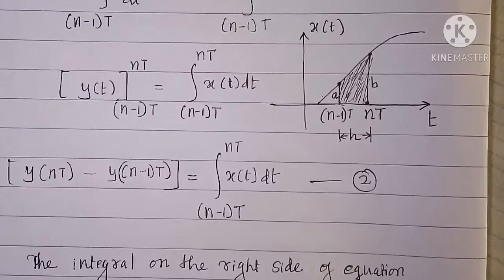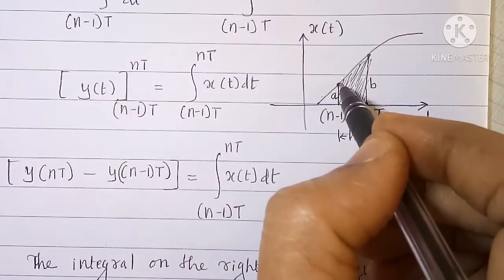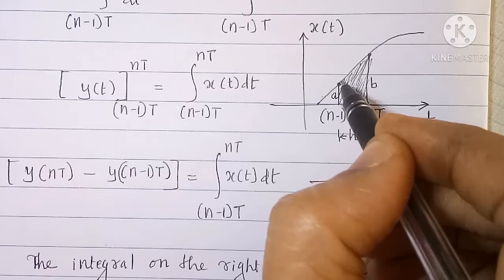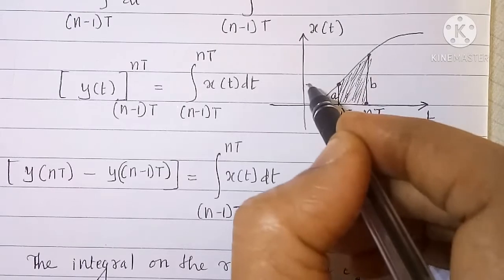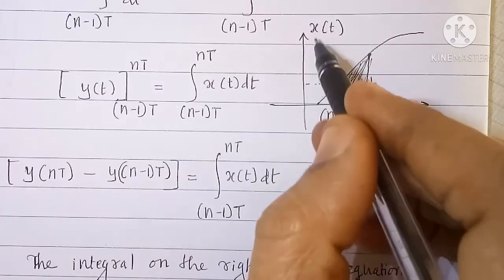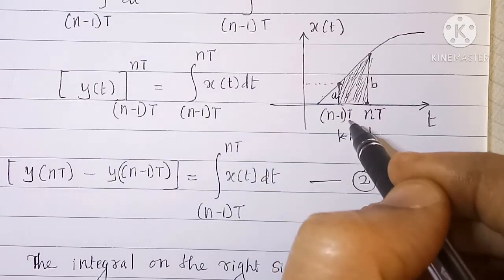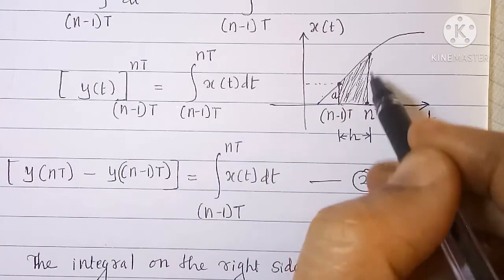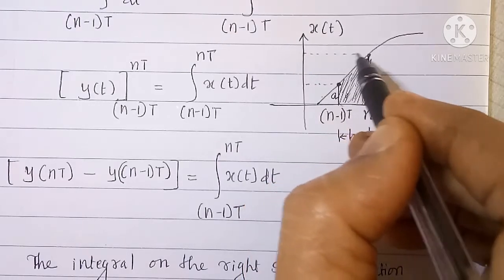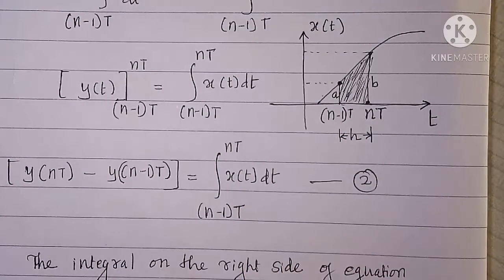But here, what is the value of A? The value of A here is the value of x of t at t equal to (n minus 1)T. And what is the value of B?